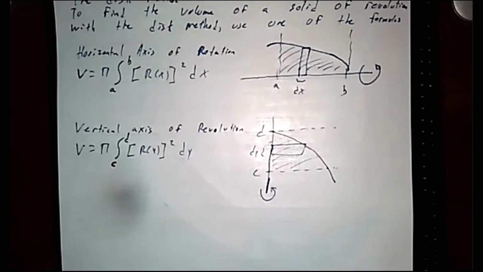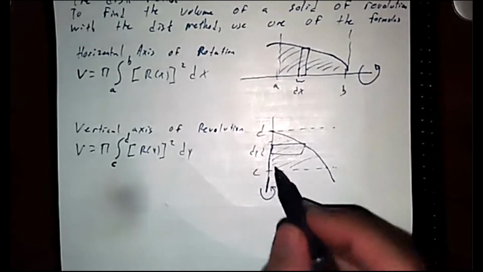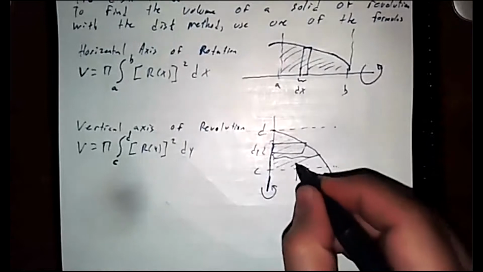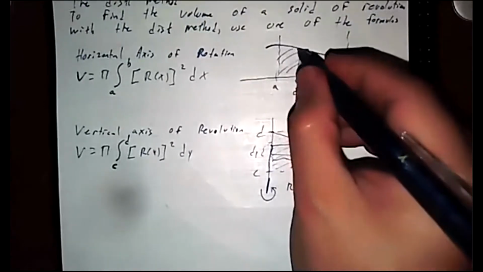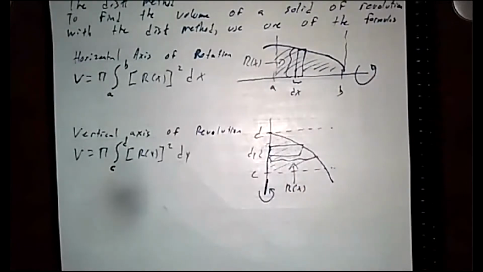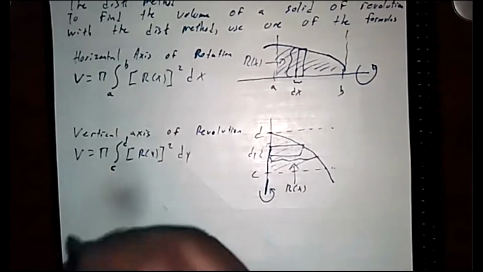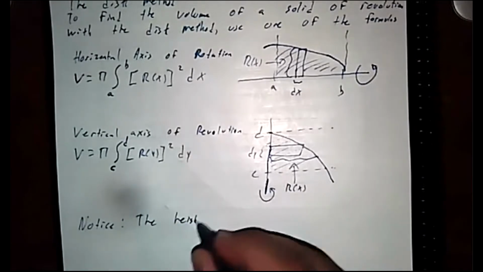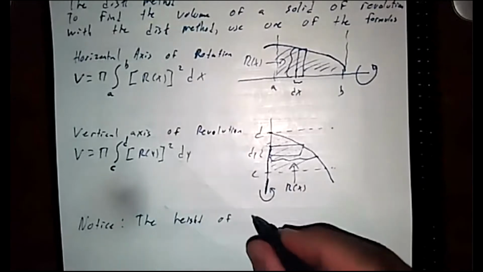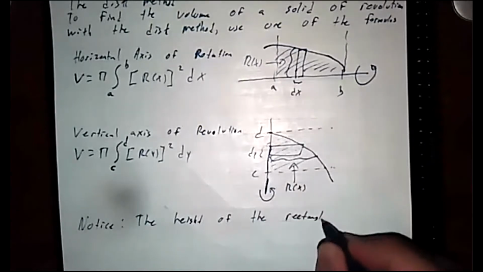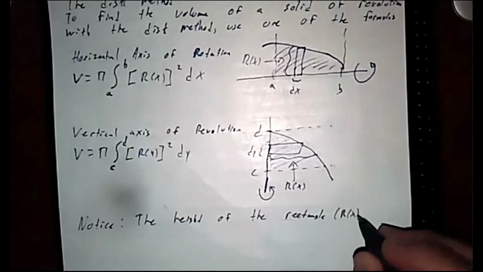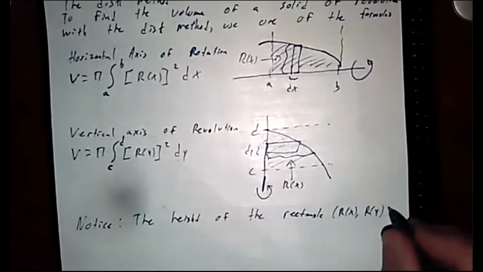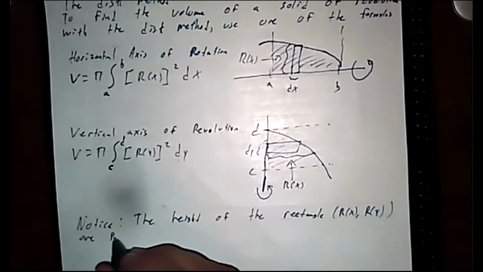And we call this radius here r of x. The height of the rectangle, r of x and r of y are perpendicular.